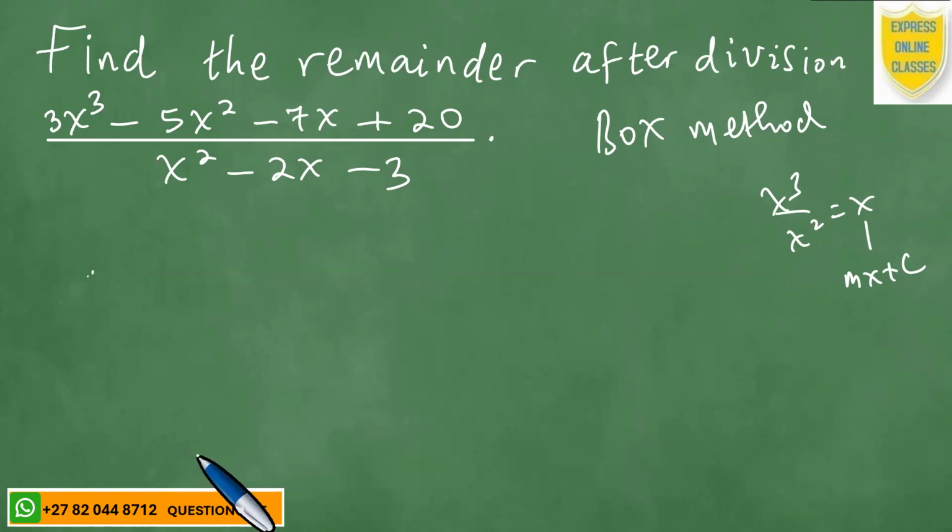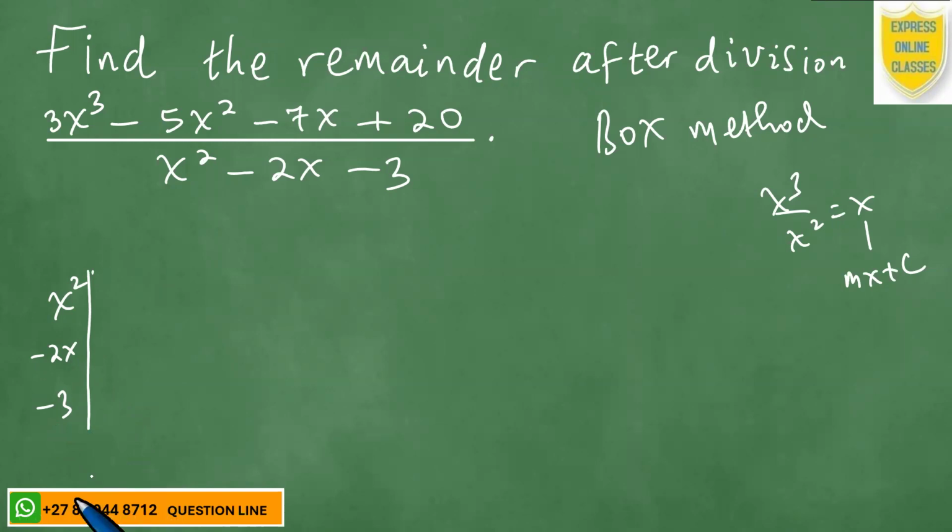And therefore, what we then do here is we divide by x squared, we also divide by minus 2x, we also divide by negative 3.